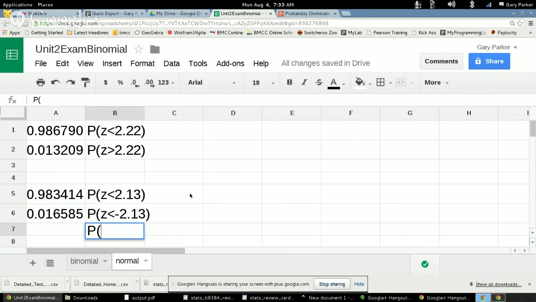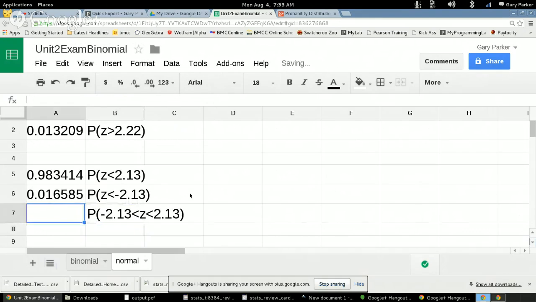I'll find the probability that z is between negative 2.13 and positive 2.13. So that equals the big one minus the little one. And so my probability is 96.68%-ish. We'll go with that. All right, not too bad.